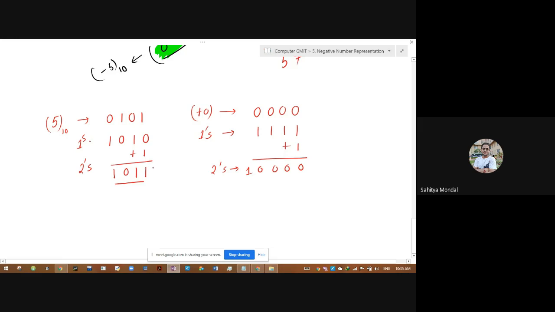But initially I assumed that my memory is 4 bits. So which one is extra? The extra is this one. So this one cannot be occupied in 4 bits. So what I actually get is 0 0 0 0. You can also check the same thing with 32-bit representation, because this one will go into the 33rd position, which will not be permissible. Now understood?